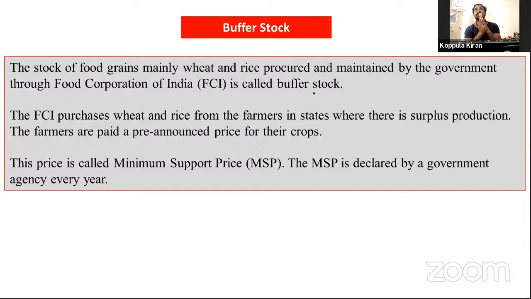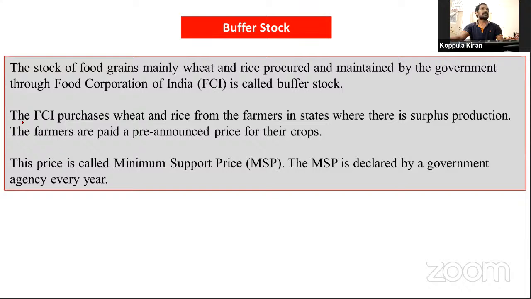The central government procures food grains from farmers all over India, all the states. That is the stock held by the FCI, Food Corporation of India. It was established in 1965 by the central government. Total food security provision is provided by the central government only.